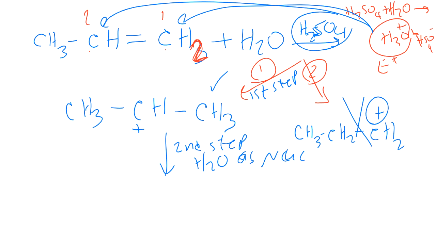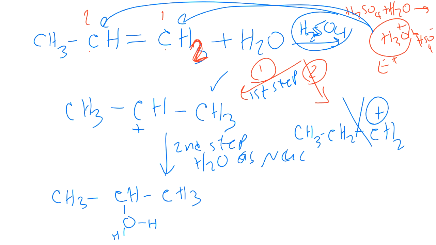H2O is going to come in and form a bond with the carbocation. We are going to get CH3, C, oxygen, hydrogen, and hydrogen. This is the H2O. H, CH3.